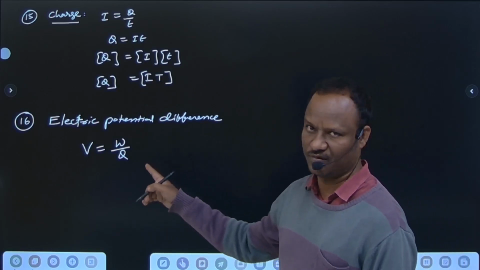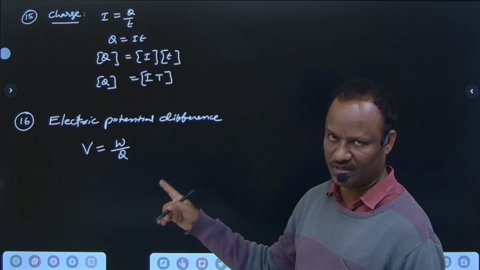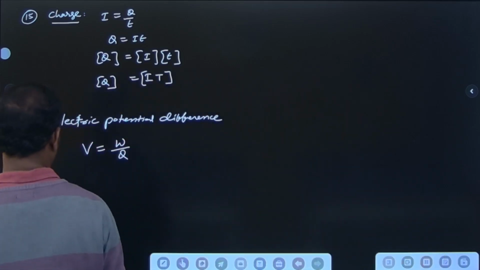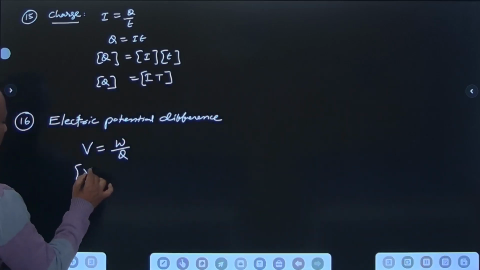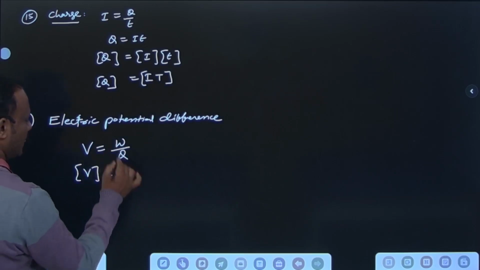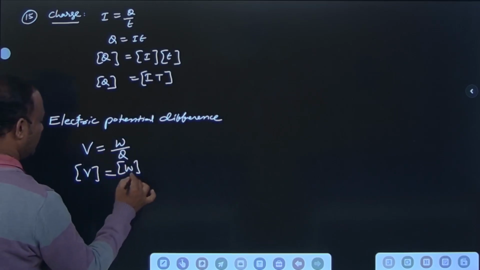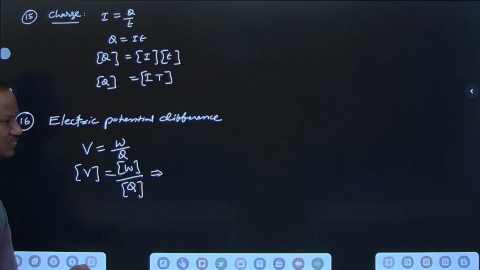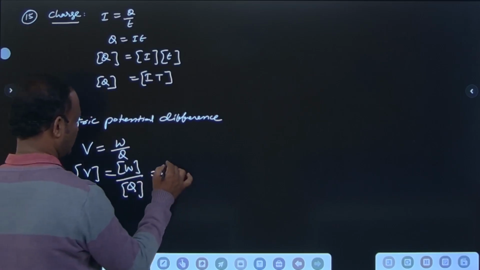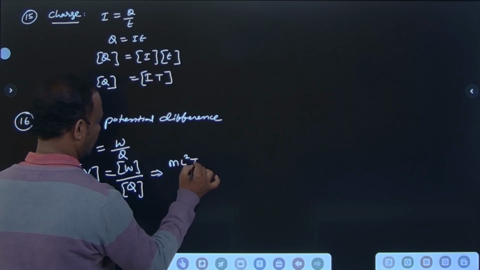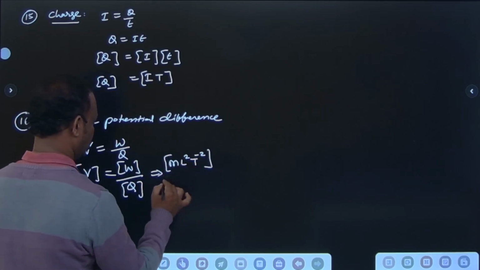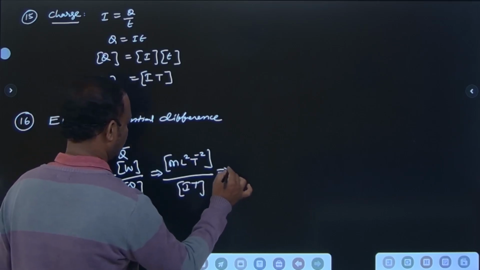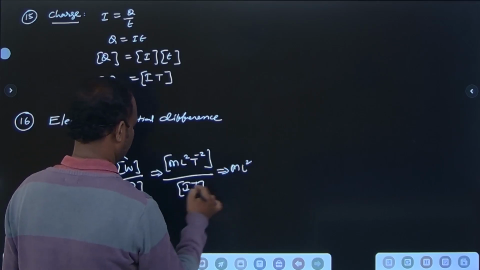We know the dimension formula of both. So the dimension formula of potential is the dimension formula of W divided by the dimension formula of charge. The dimension formula of work done is M L square T minus 2, divided by charge, which is IT. So I can write this as M L square.